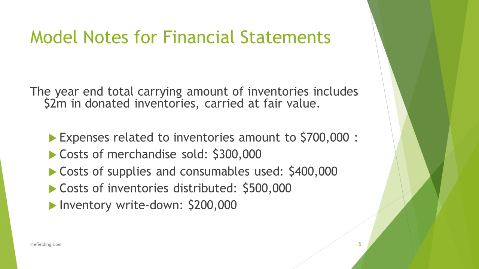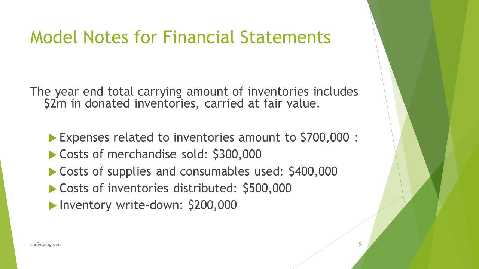The first part of the slide tells you that the total year-end carrying amount of inventories includes 2 million in donated inventories carried at fair value. So what they're telling you is that this organisation, which is different from the one in slide number 4, has $2 million of inventories which it received for nothing. Those inventories were donated to it.